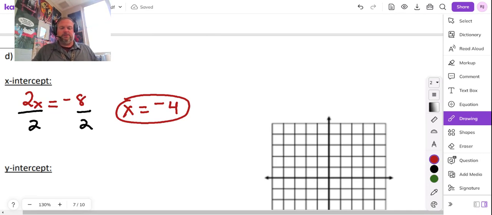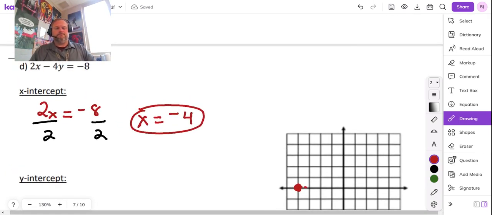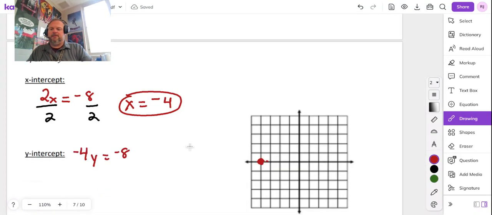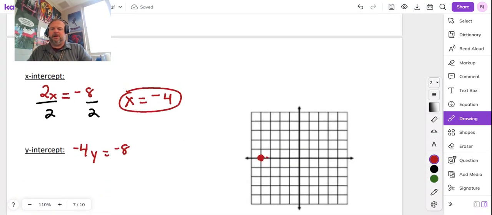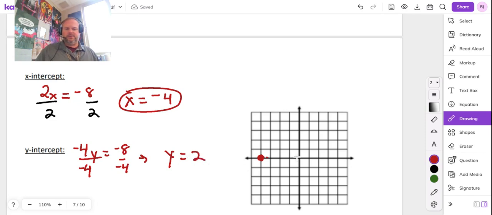So 1, 2, 3, 4. Okay. All right. So for my y, I zoomed out in case people couldn't see. So we have 2.